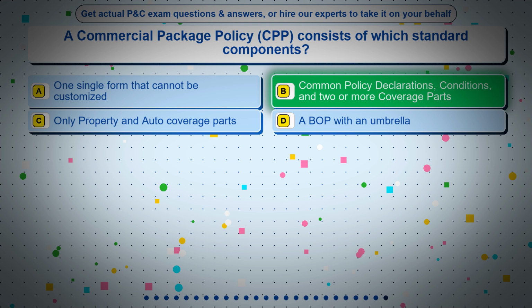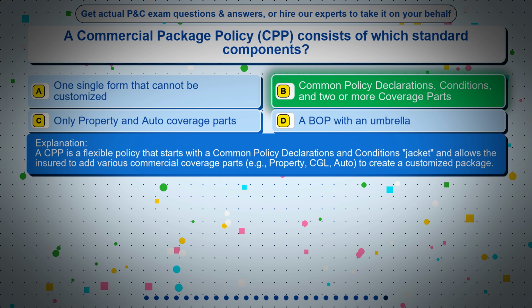The correct answer is option B, common policy declarations, conditions, and two or more coverage parts. A CPP is a flexible policy that starts with a common policy declarations and conditions jacket and allows the insured to add various commercial coverage parts, for example, property, CGL, auto, to create a customized package.